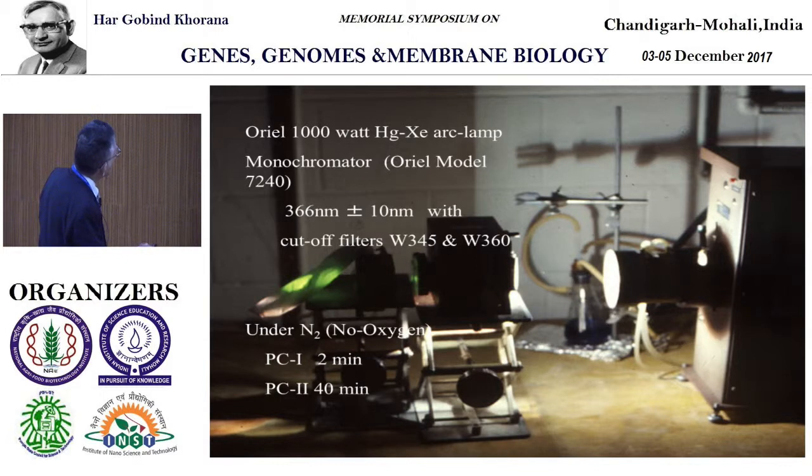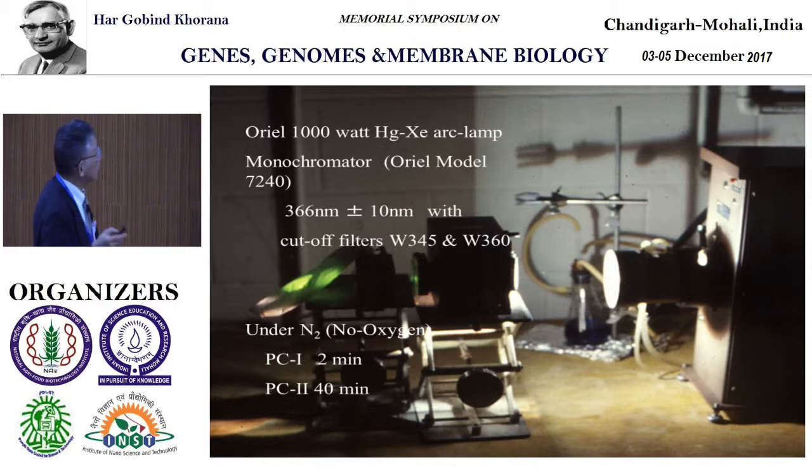The sample is in a cuvette here. The light passes through, but the sample is covered with a water jacket to cool it down, and the sample was also kept under strict nitrogen.